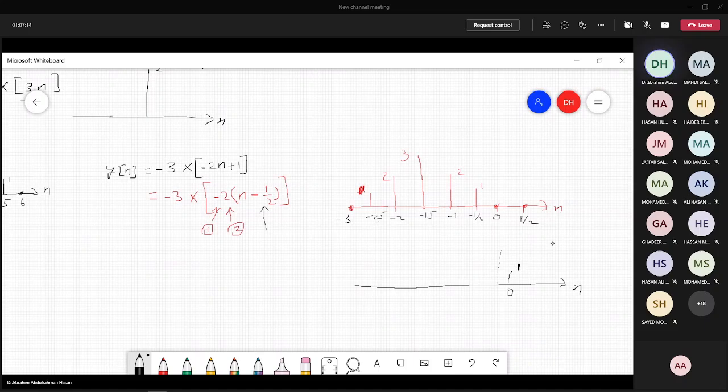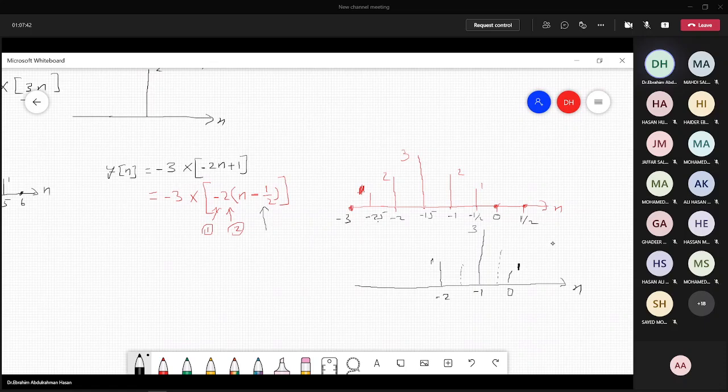This one will be at minus 1. This one will be at minus 1.5, and this one will be at minus 2. This one will be at minus 2.5. Okay, now we finish all these.